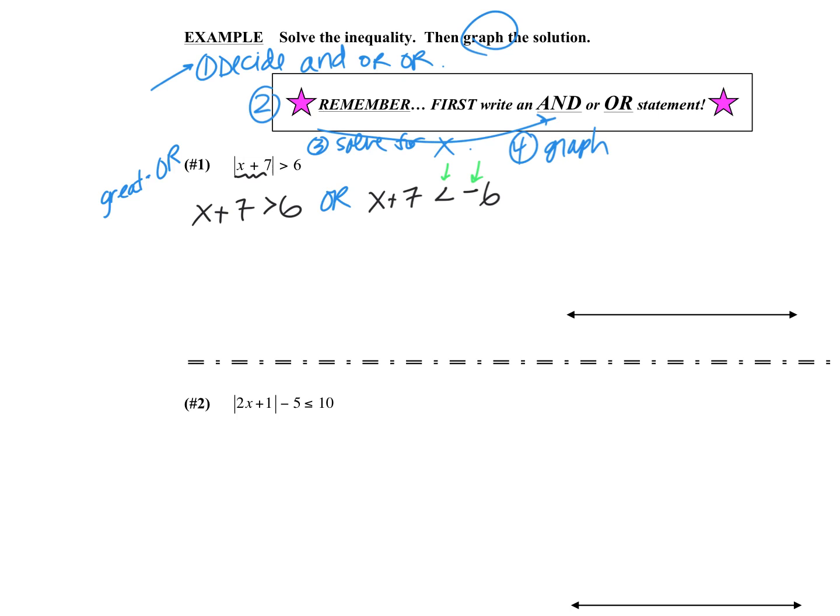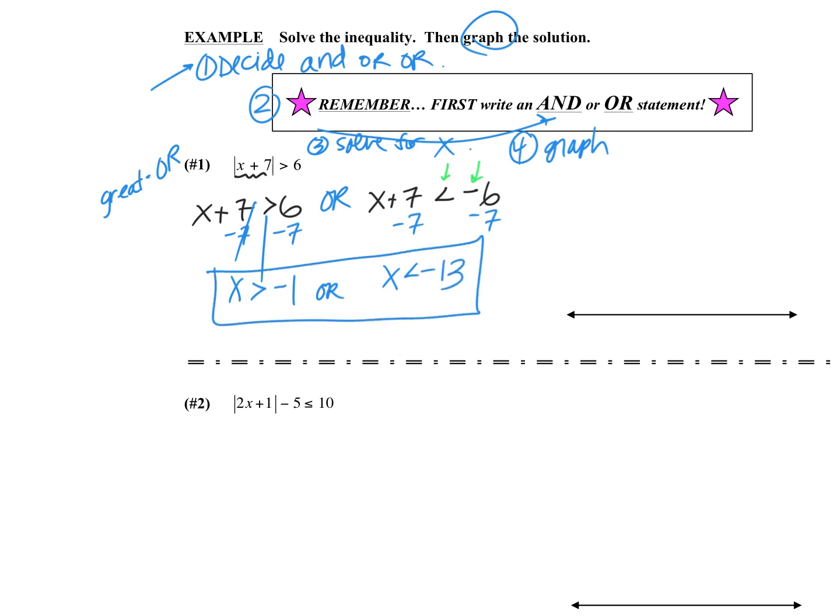So I flip both of those things, and now I have two inequalities to solve. These are pretty easy ones to solve, right? I'm going to get x alone, so this first one I'm going to subtract 7. So that says x is greater than -1. That's part of my answer. Or, when I subtract 7 on this one, x is less than -13. So this is my answer.